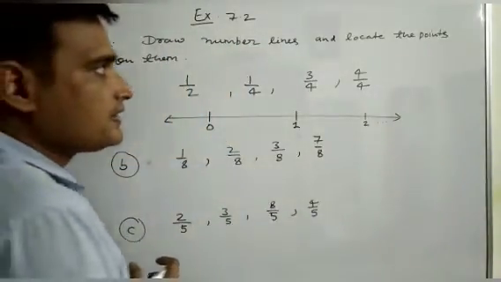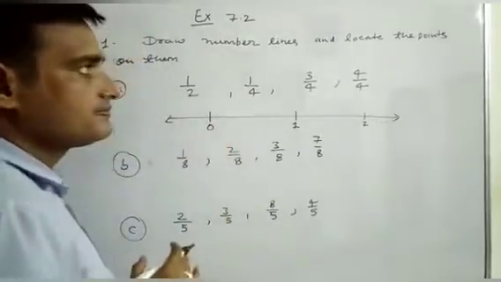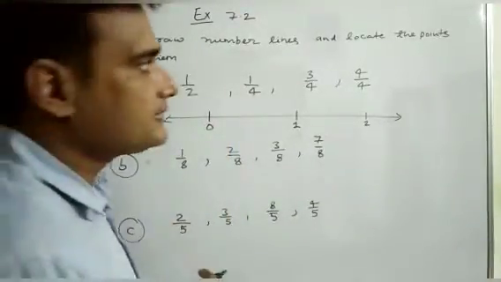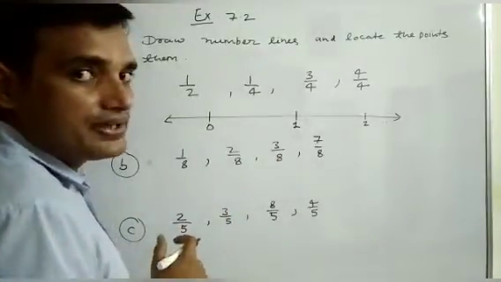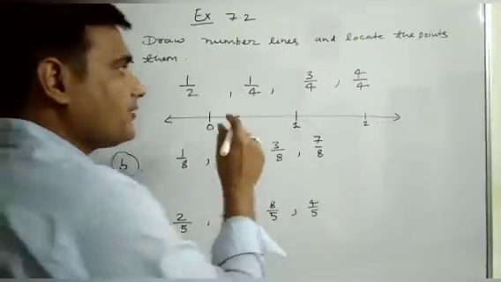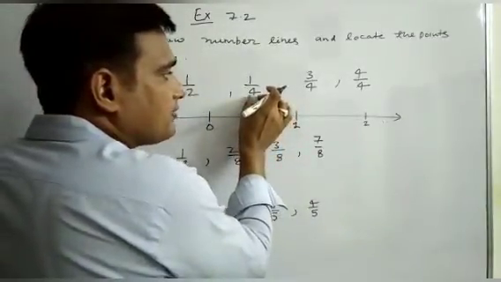Okay. Now here you see that all fractions are proper fractions. Now they always lie between 0 and 1. Okay, now we divide. Here you see that the denominator is 4.